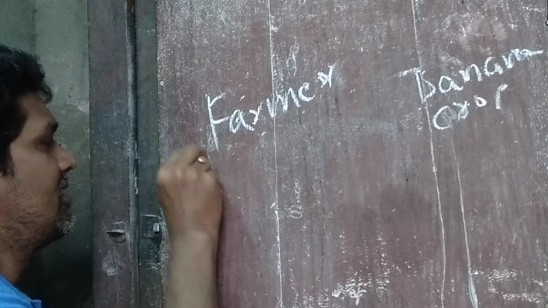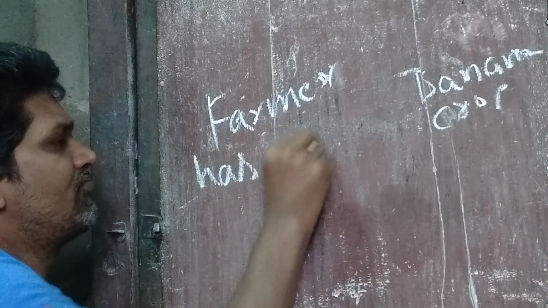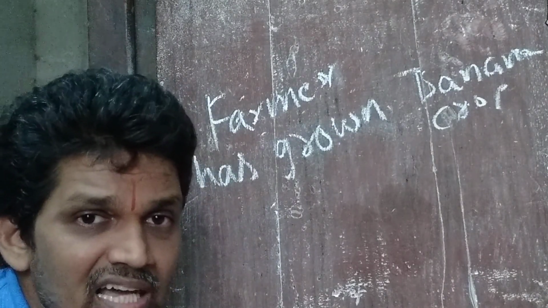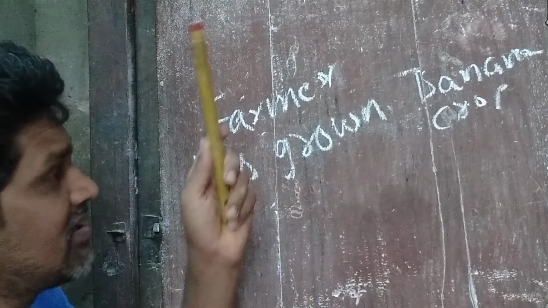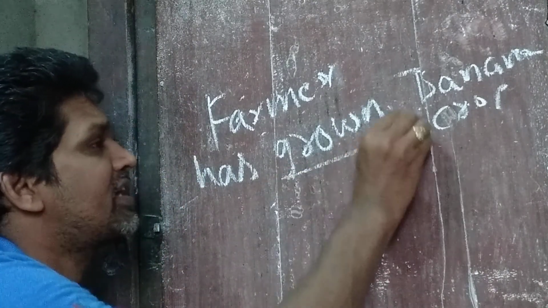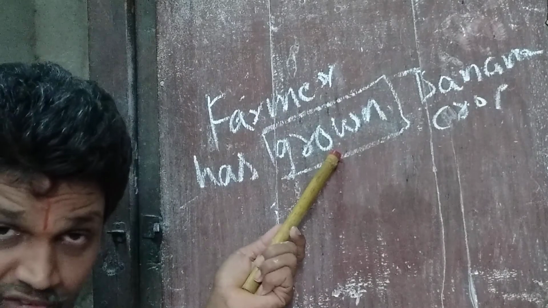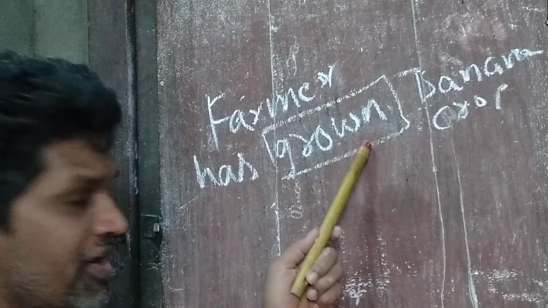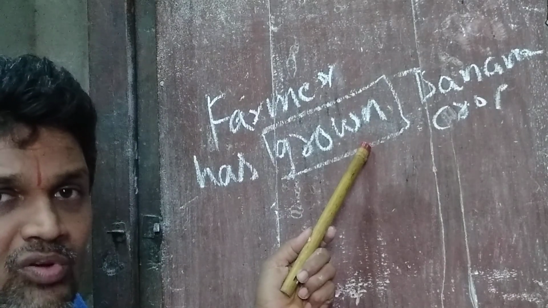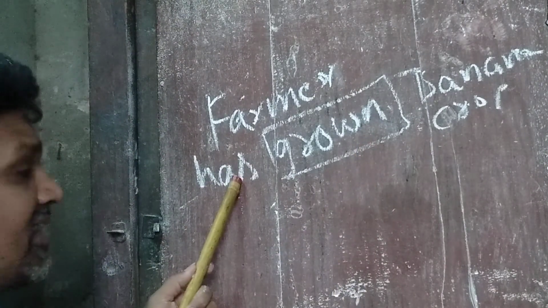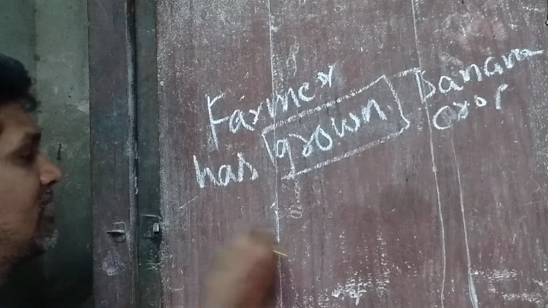Farmer has grown. When compared to continuous tense and simple present tense, the present perfect tense is very, very easy, because here you need not change into the V3 form. Already the V3 form is given in the question. What you need to do is write whether has or have.